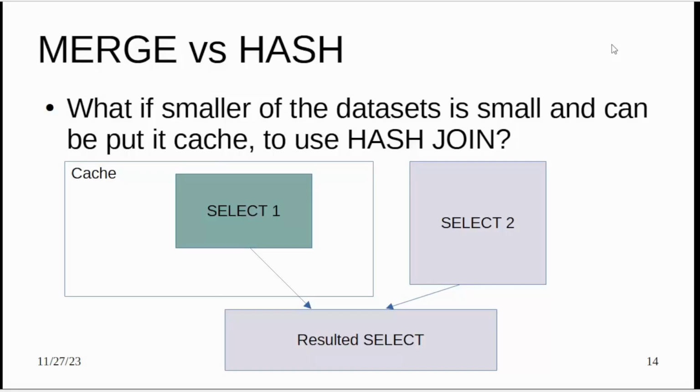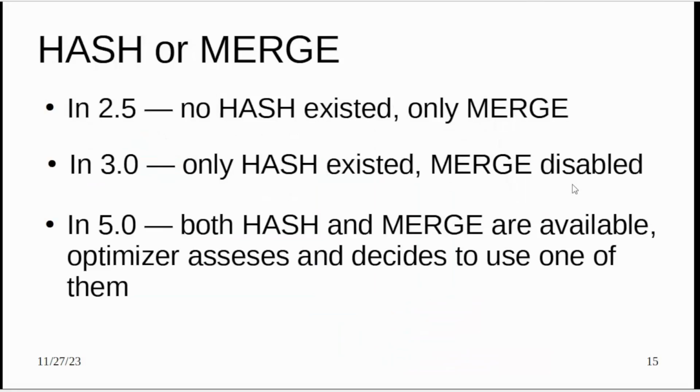I mean, we could cache all records from the small data source and use it to join to the big data source. And in this case, the resulting data set will be generated much faster. However, it is not so simple, or let's say it was not so simple.